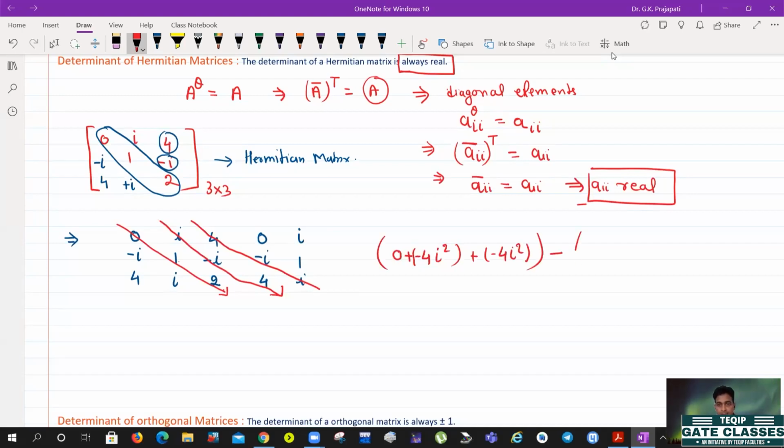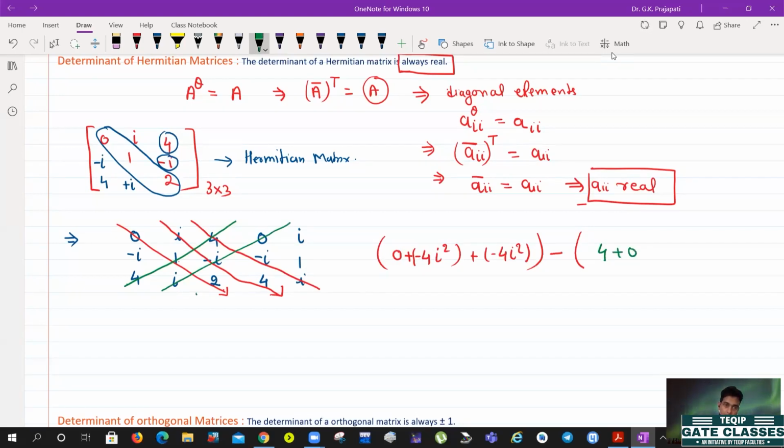Now we subtract the elements of the lower diagonal: 4 into 1 into 4, which means 4. Again we multiply the elements of the second diagonal from the bottom: i, minus i and 0, which is 0.